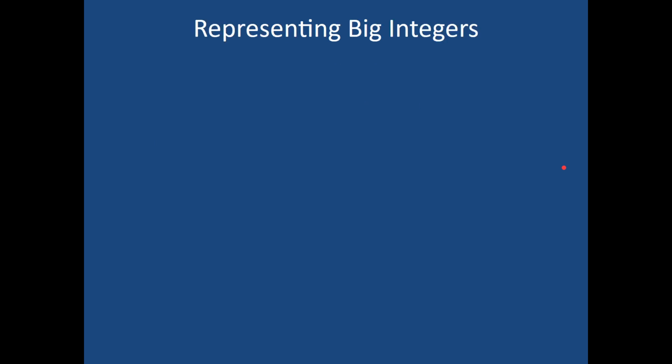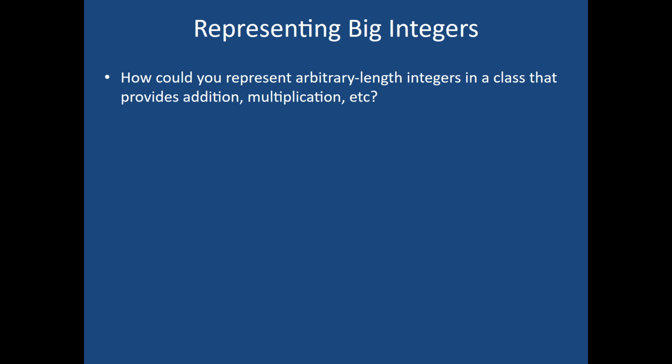Next, we're going to talk about algorithms to multiply really long numbers, like hundreds of digits long. One thing we have to decide is how we can represent such numbers that have lots of digits, because the integers built into programming languages are relatively short in number of digits.